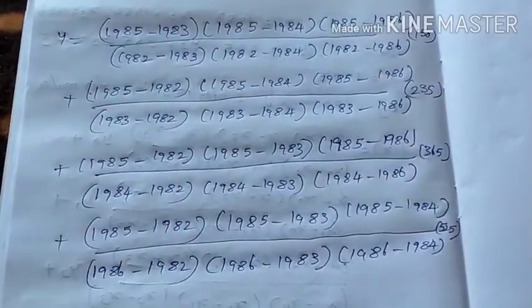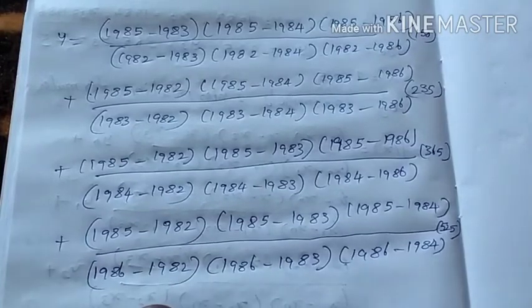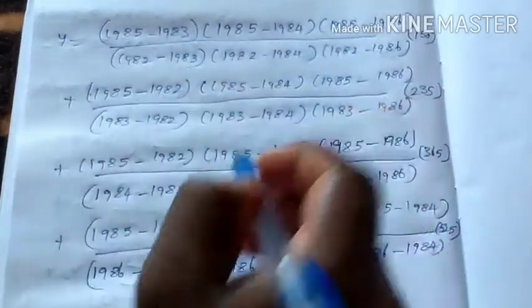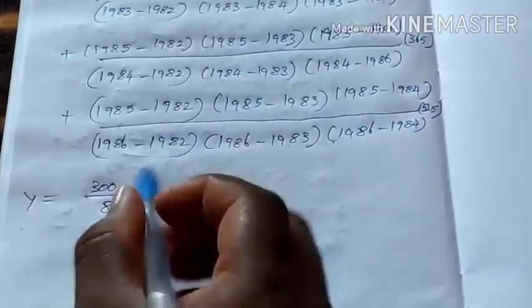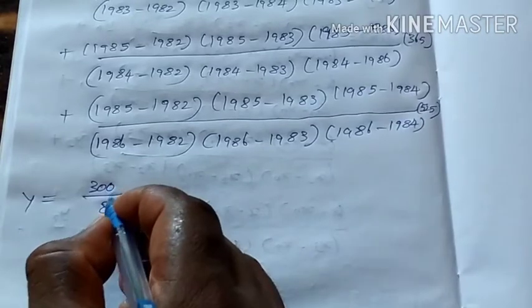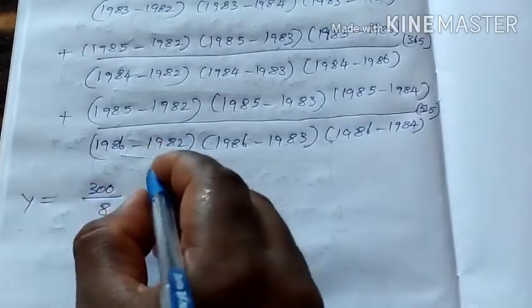Using the calculator to simplify: the numerator of the first term is 300 and the denominator is 8.